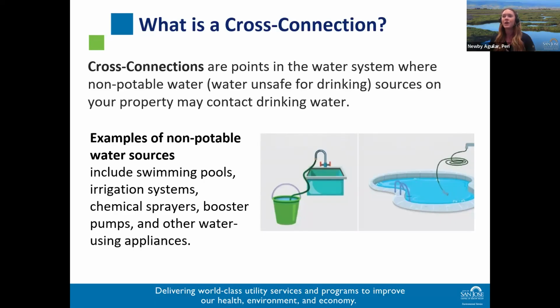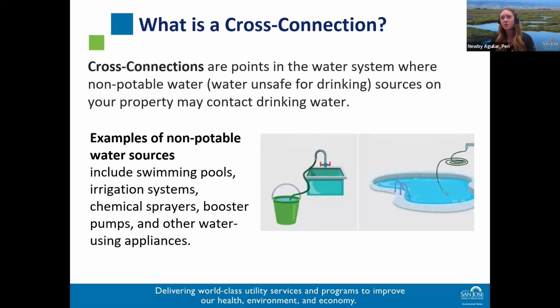It's when a hose is submerged in a bucket or a pool, but it also can happen when an irrigation system is connected to a potable water supply, or with chemical containers, boiler systems, even fire sprinkler systems if there are added chemicals or stagnant water.